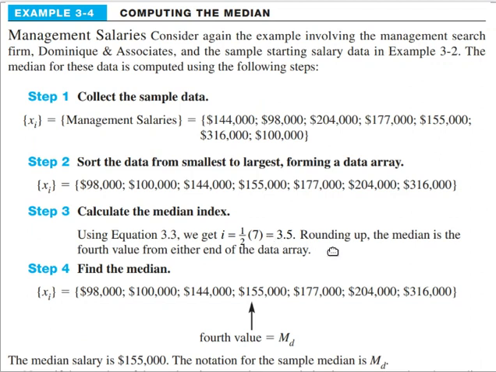Rounding up, the median is the fourth value from either end of the data array. So bisag asa ka 3.5, then find the median.